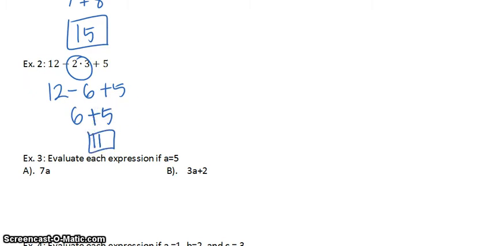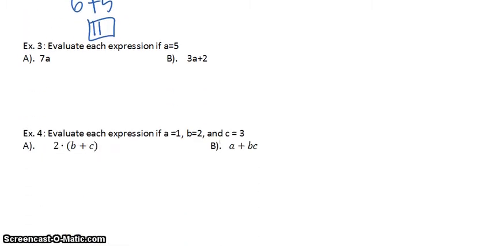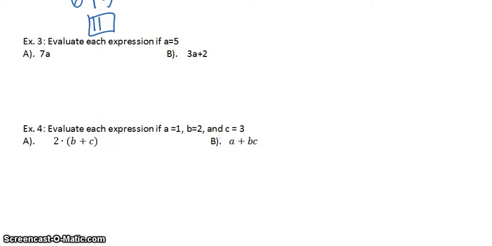Now we're going to evaluate each expression if a equals 5. So we have 7a. It has that imaginary multiplication sign in there. If a variable and a number are next to each other like that, you have a multiplication sign right between them. And if you didn't know, a dot is a multiplication sign, which we use in algebra to not get confused with x's.